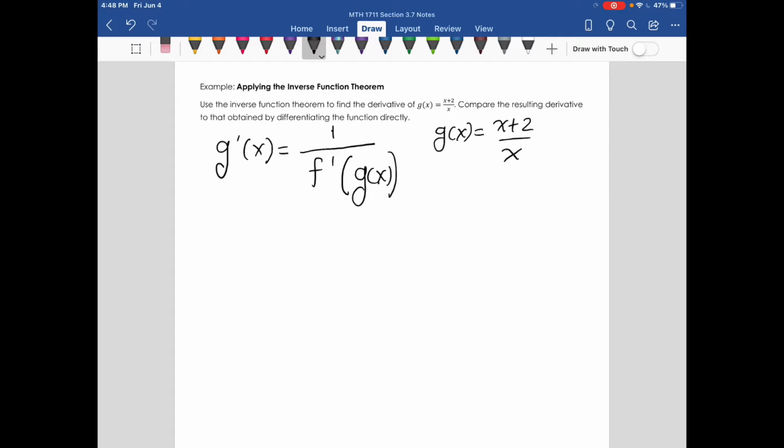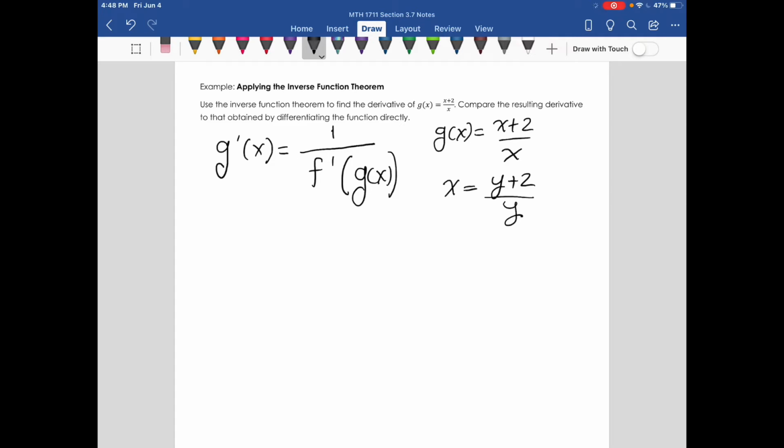So the first thing we need to do is find the inverse of g of x. So g of x is x plus 2 over x. Now, if you recall from college algebra, to find the inverse, you need to swap your x's and your y's and then resolve the equation for y.